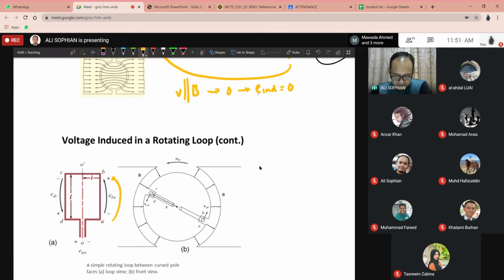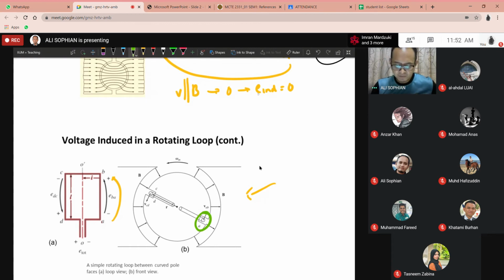On the right hand side here, the illustration is the front view, so AB is actually at the back, behind the rotor. Oh, sorry, no, AB is this one here on the right hand side. So it goes from the front to the back side, on the right hand side.